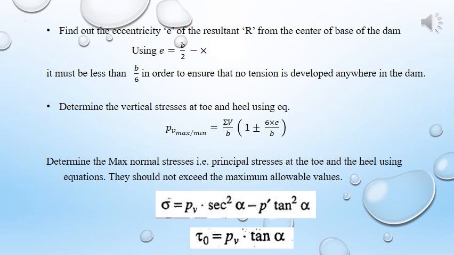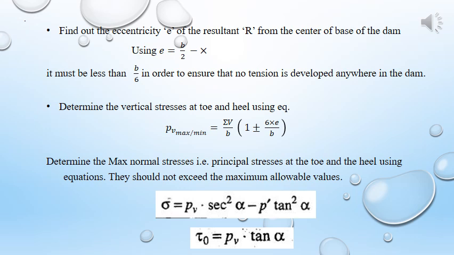Where B is the base width of the dam, and this E must be less than B by 6. Then there is no tension developed anywhere in the dam, and calculate the value of normal stress, also known as the vertical stress, at toe and heel.